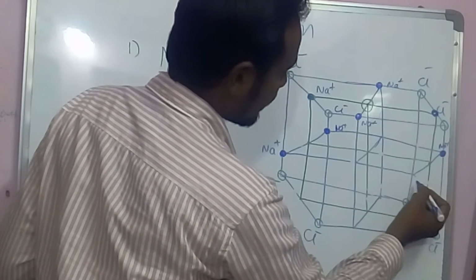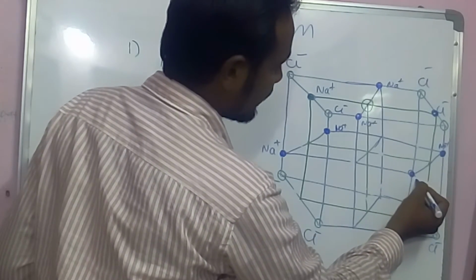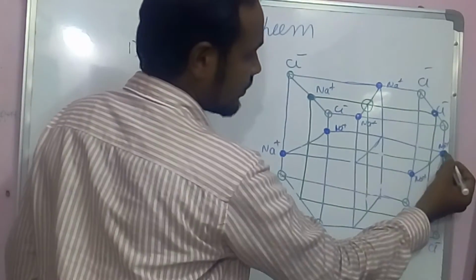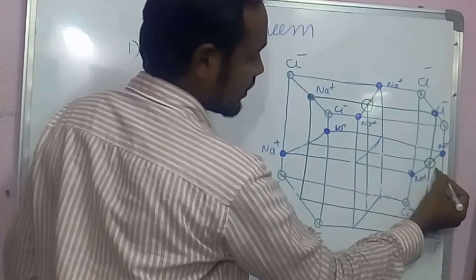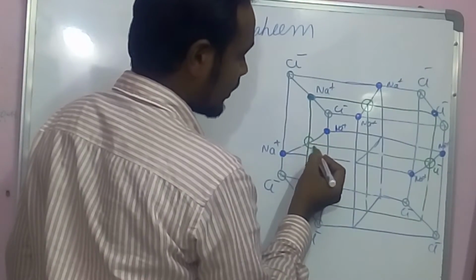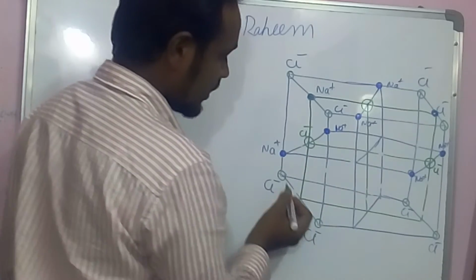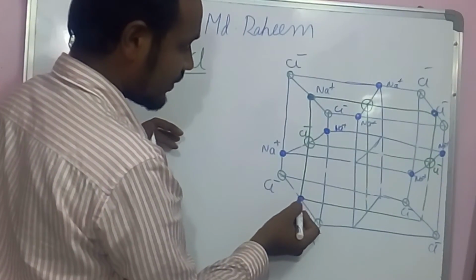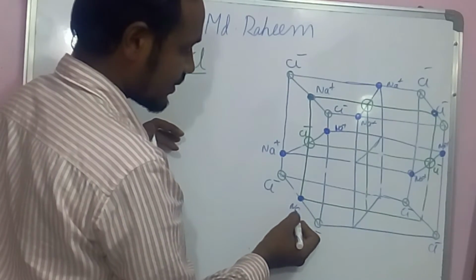One corner atom, in between you have Na plus, right? In between filled atoms, one atom is called chlorine, Cl minus. In between two empty atoms, I placed a filled atom, which indicates Na plus, right?